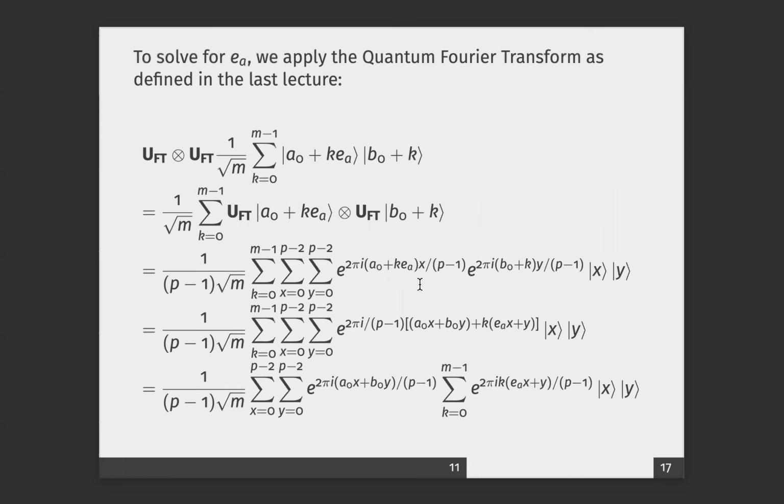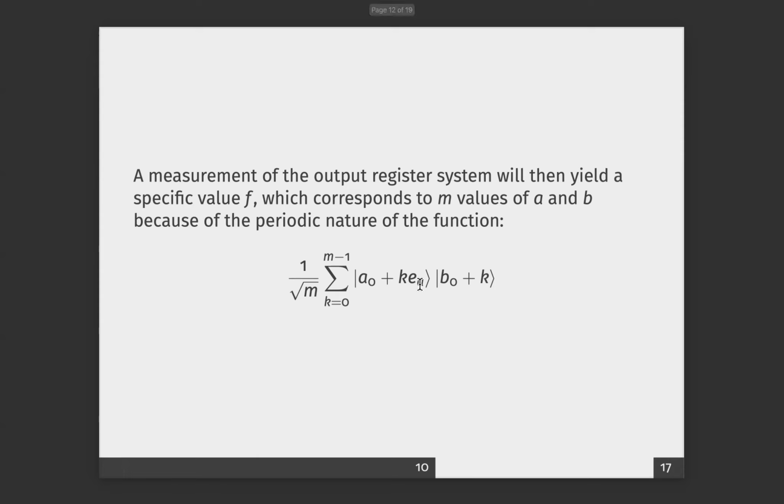So now that your input register is in this form, the next thing you'll do is to apply the Fourier transform to the input register.